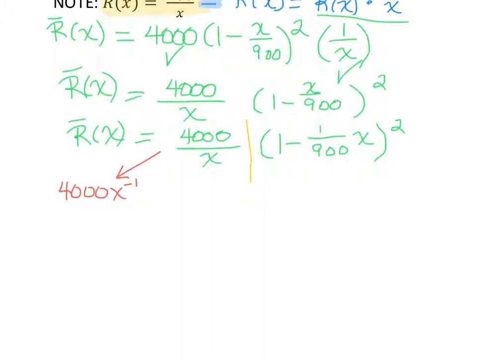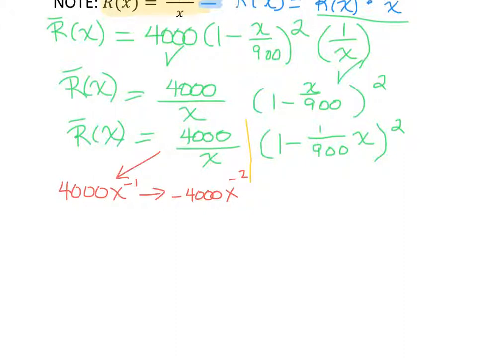And that means its derivative is negative 4,000 x to the minus 2. And you could leave it that way initially, or you can leave it that way all the way through. I'm going to use it that way all the way through.